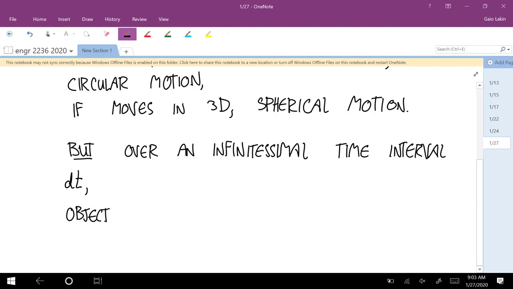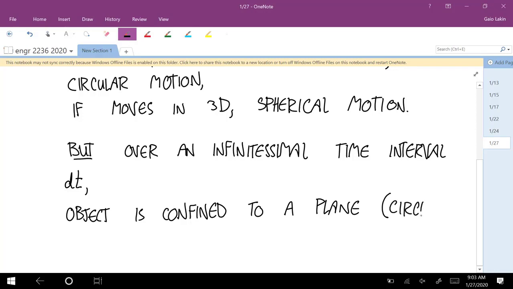So the object is confined to a plane, in other words, it's staying along a circular path, not a spherical path, for circular or spherical motion.